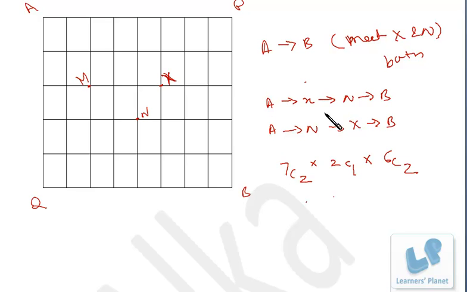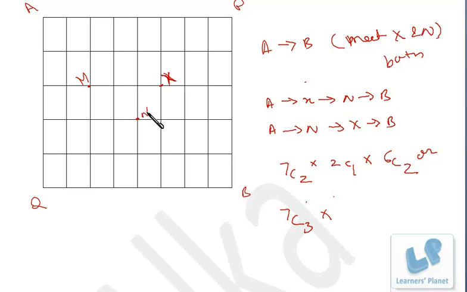Okay, so these are the number of ways from A to X, or N to B, or A to N. So that's 1, 2, 3, 4, 5, 6, 7. 7C3, and this is 3 vertical.